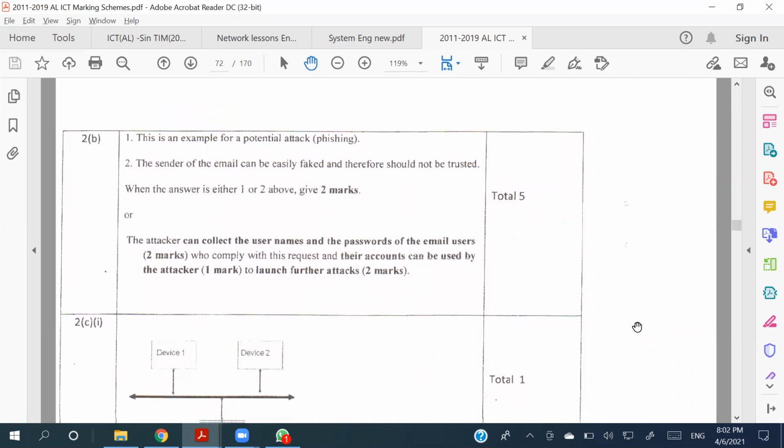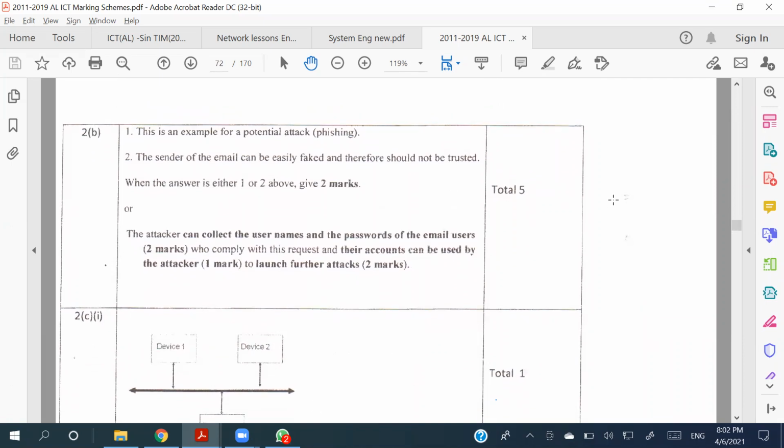So the B part, as it says, this is an example of a potential attack, phishing. The sender of the email can be easily faked and therefore should not be trusted, right? Or else some idea, right?